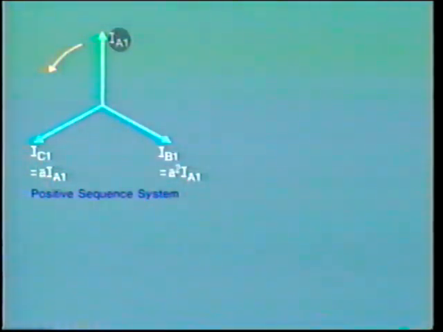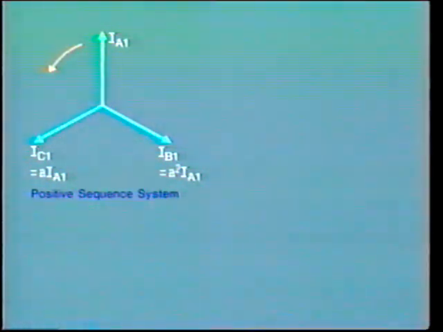IB1 is of the same magnitude as IA1, and it is located at 240 degrees counterclockwise. Therefore, it is preceded by the operator A squared. So without using a diagram, the relative positions can still be identified and calculations performed.